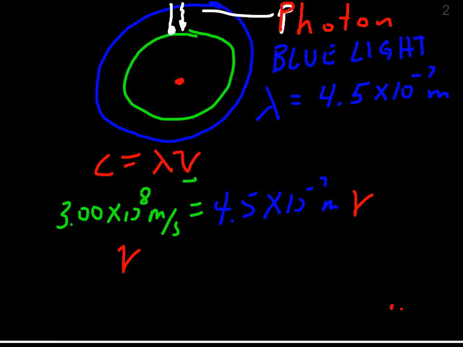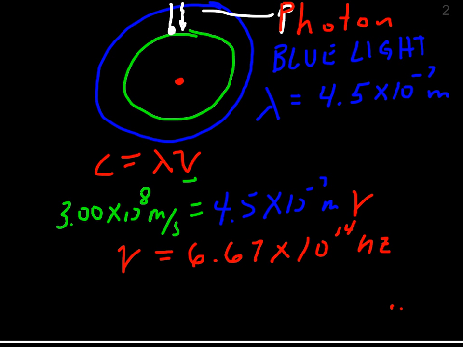Solving for the frequency, it's 3 times 10 to the 8th divided by 4.5 times 10 to the minus 7th. I get a crazy number, 6.67 times 10 to the 14th hertz.